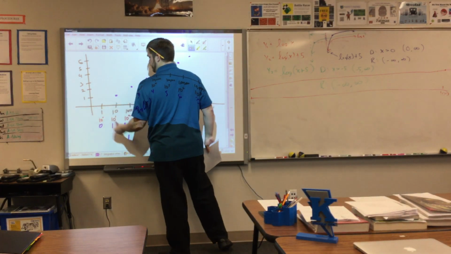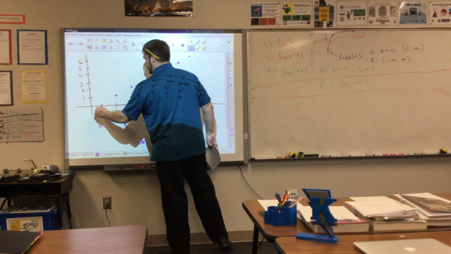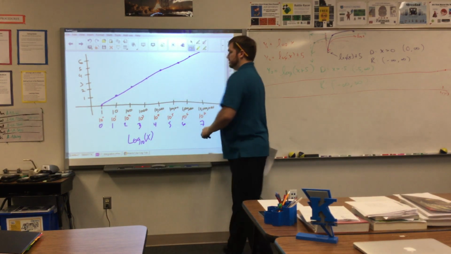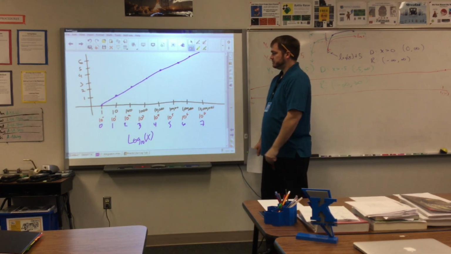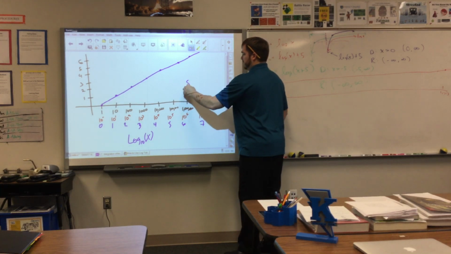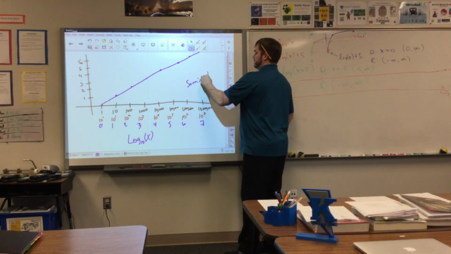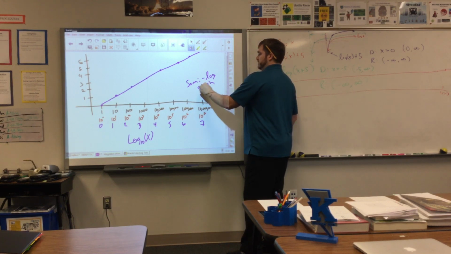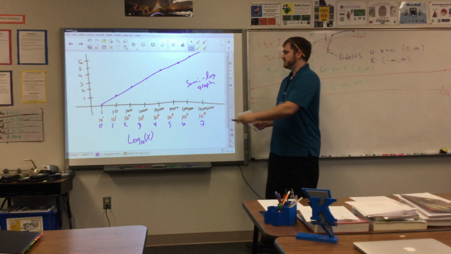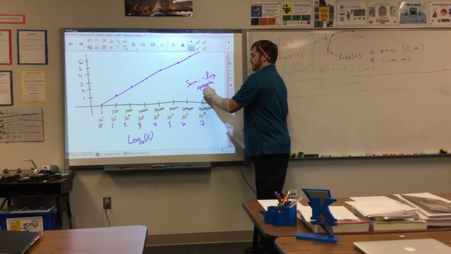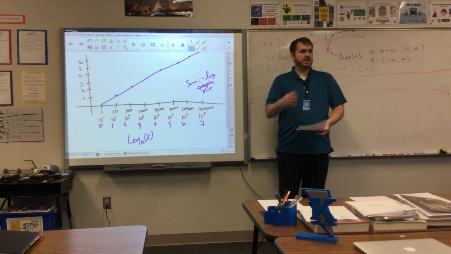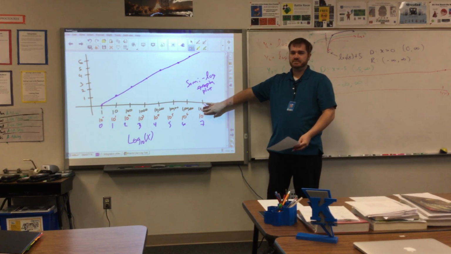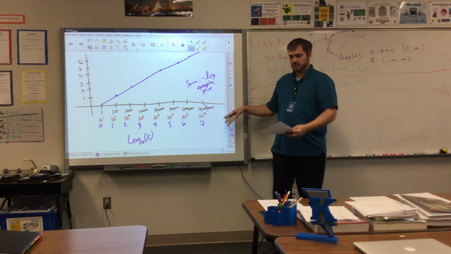In fact, it should be a line. This is called a semi-log graph, or sometimes a semi-log plot. Semi meaning half. This half, the x-axis half, is a logarithm scale.